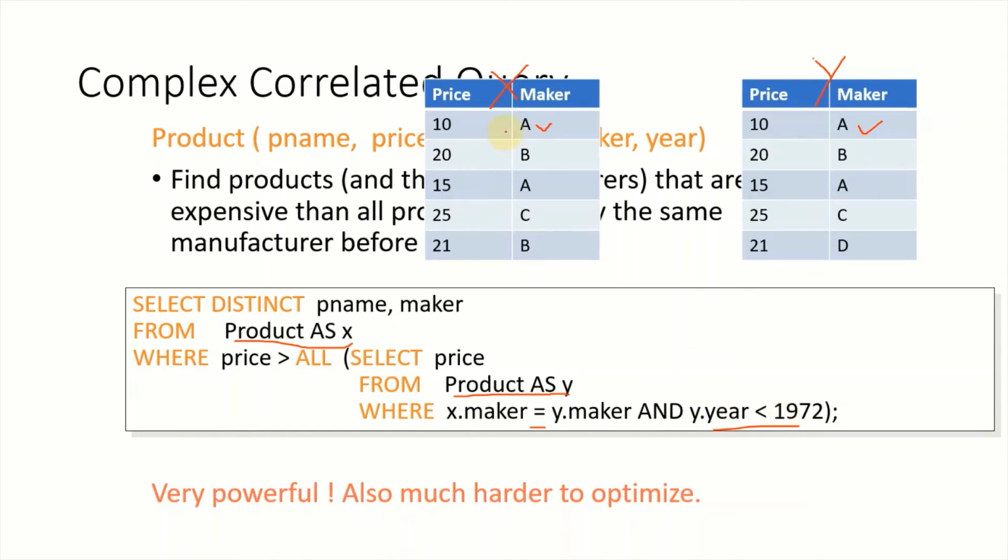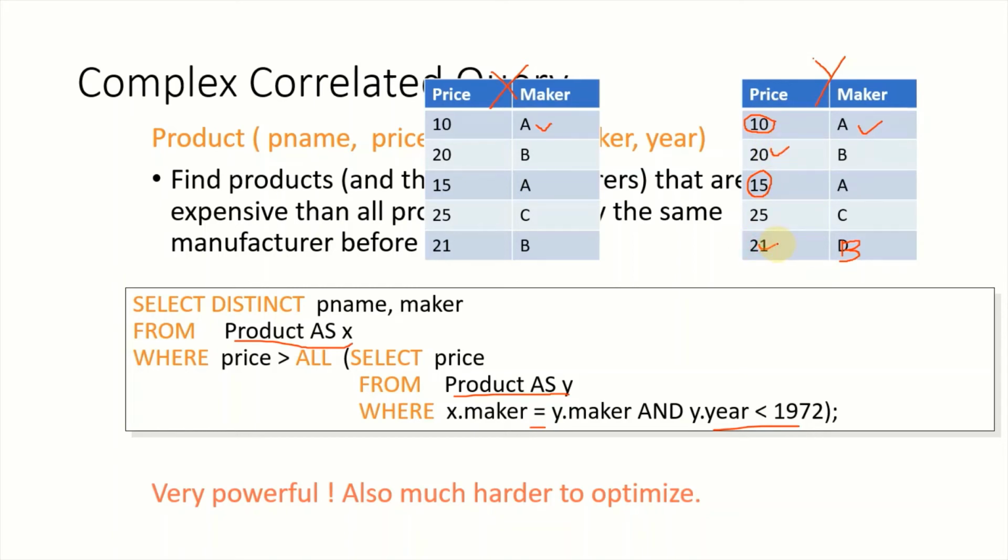the main thing. So A will be compared with A, B, C, all these, and if A is found equal to A, then 10 will be selected here for A and 15 will be selected for A. Similarly for B, we will have 20 and 21.